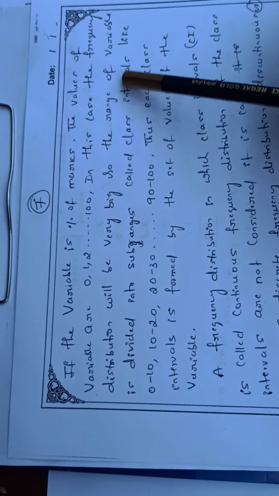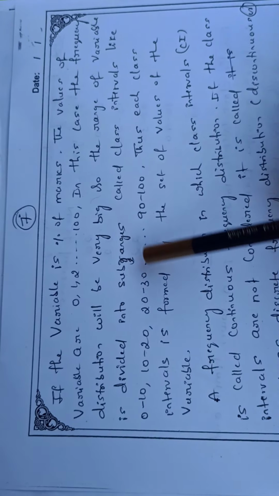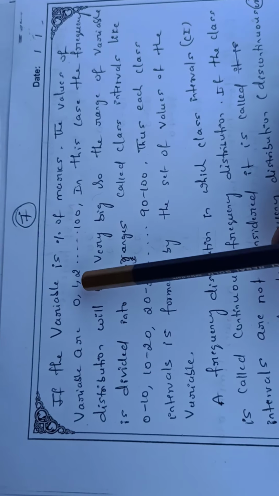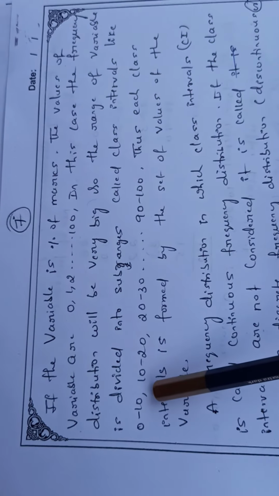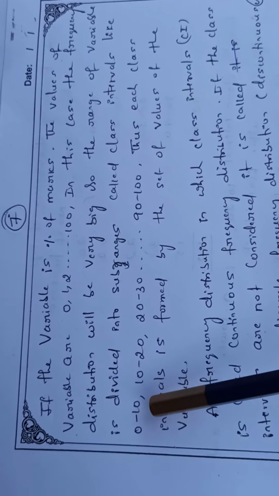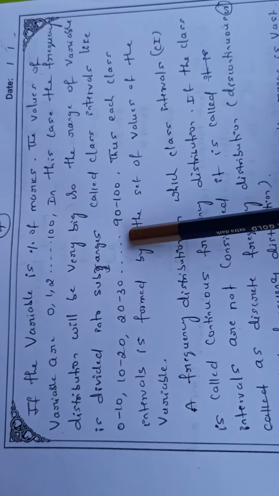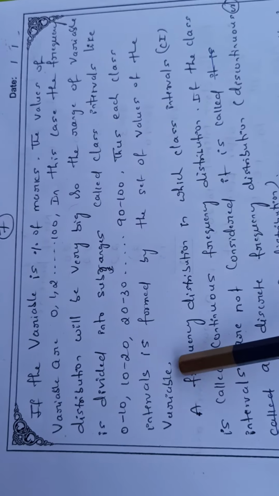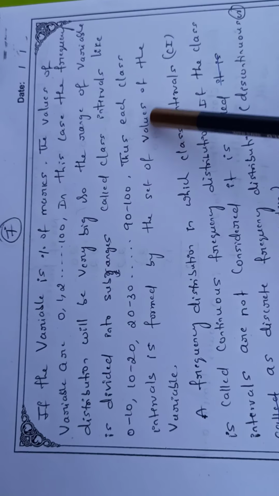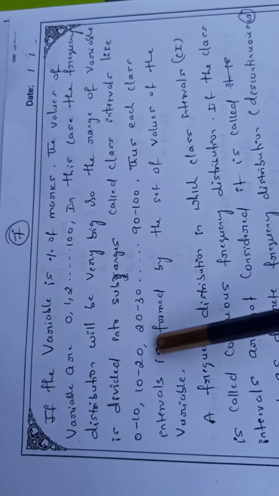So the range of the variable is divided into sub-ranges called class intervals. Here we are dividing the variable from 0 to 100 into subdivisions like 0 to 10, 10 to 20, 20 to 30, 30 to 40, up to 90 to 100. Thus each class interval is formed by a set of values of the variable.